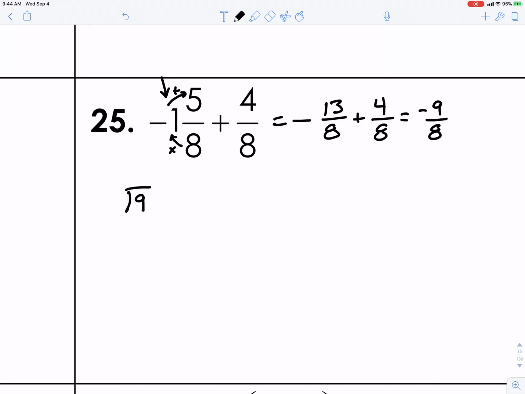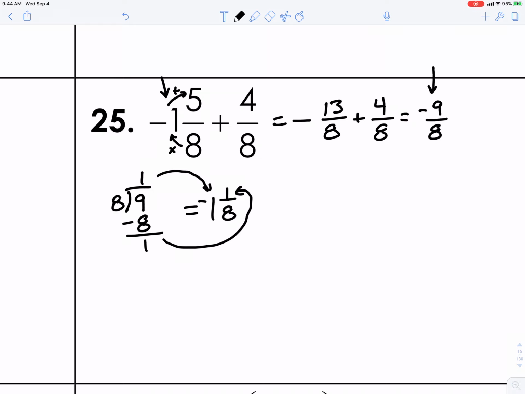My 9 goes inside, 8 comes out. 8 goes into 9 one time. 1 times 8 is 8. Subtract 8, I have 1. My whole number and my remainder is there. So I have 1, and this is all negative, and 1/8. Okay, so this 1 goes here, this 1 went here. And the answer was always going to be negative because this was a negative answer.